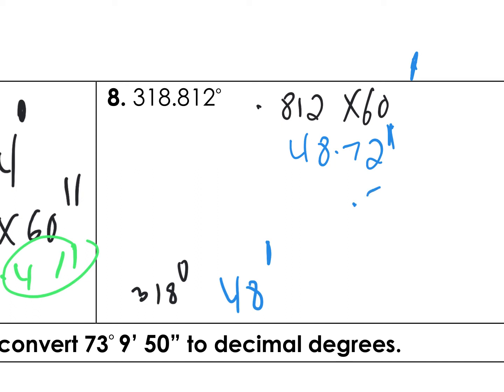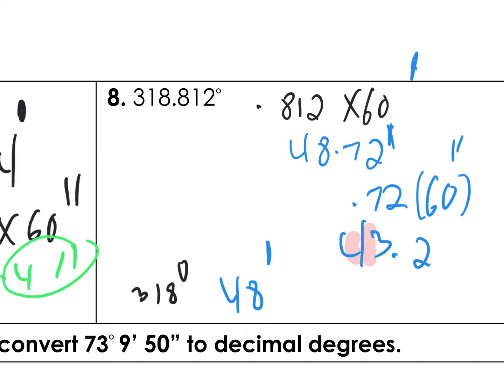Now I take my 0.72 times the 60 seconds. Go ahead and do it yourself. That gives 43.2 seconds. I only need the 43.